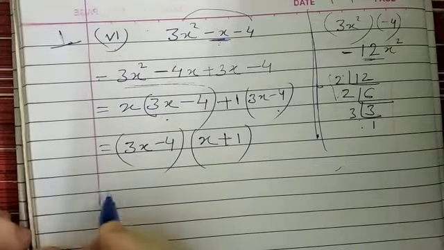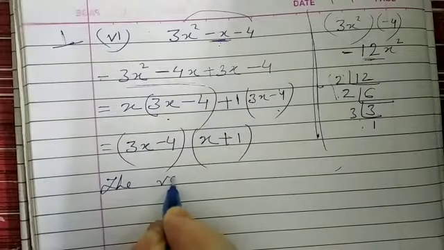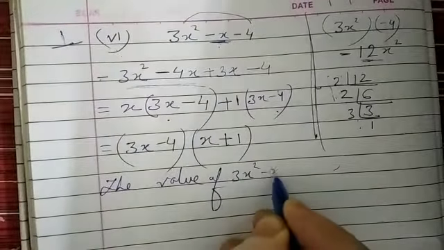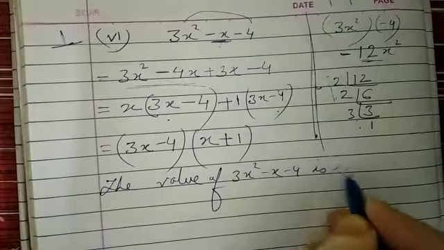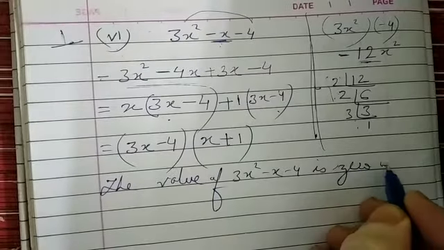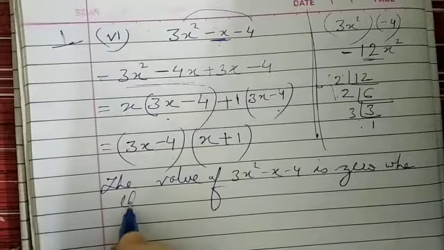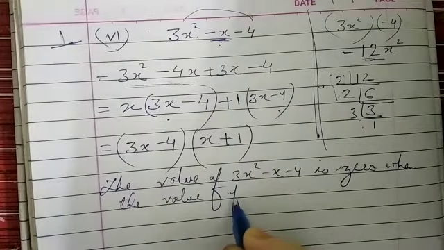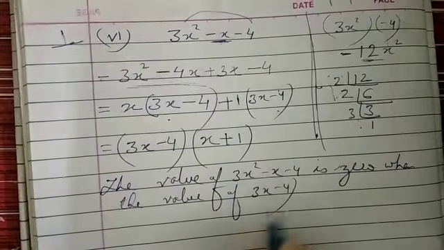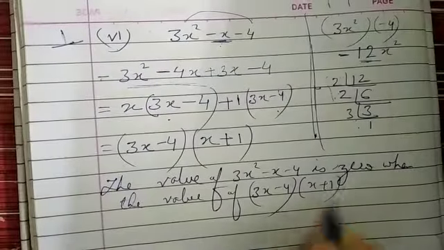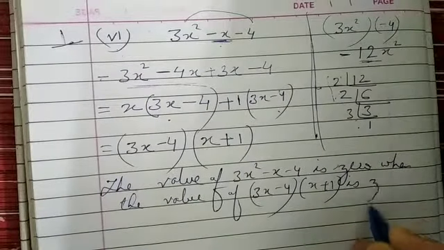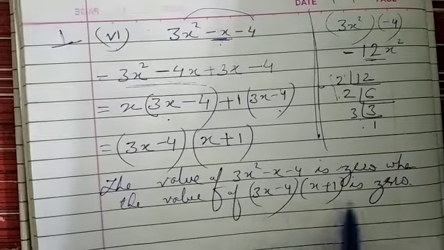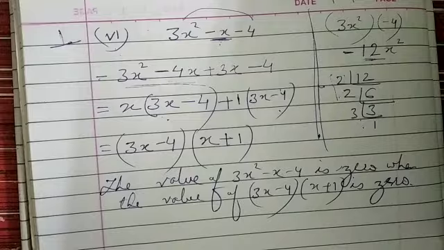Therefore the value of 3x square minus x minus 4 is 0 when the value of the factors 3x minus 4 into x plus 1 is 0. If this one is 0, then the whole will be 0.